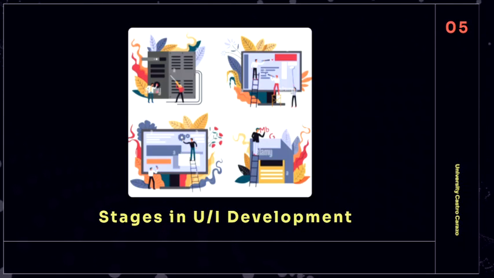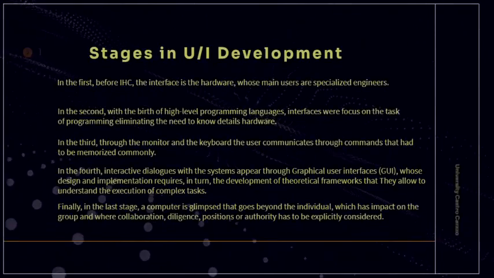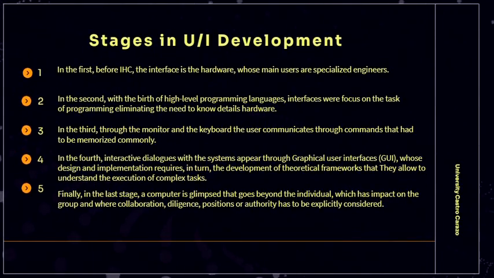Stages in UI development. In the first, before HCI, the interface is the hardware, whose main users are special engineers. In the second, with the birth of high-level programming languages, interfaces were focused on the task of programming, eliminating the need to know detailed hardware.